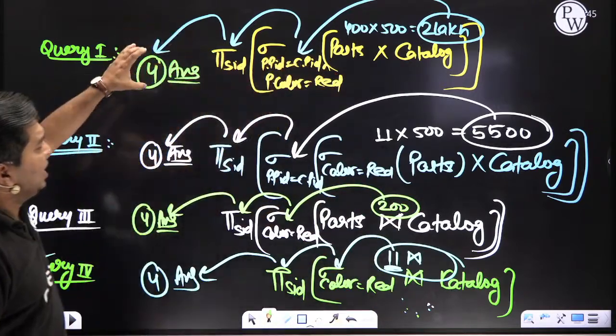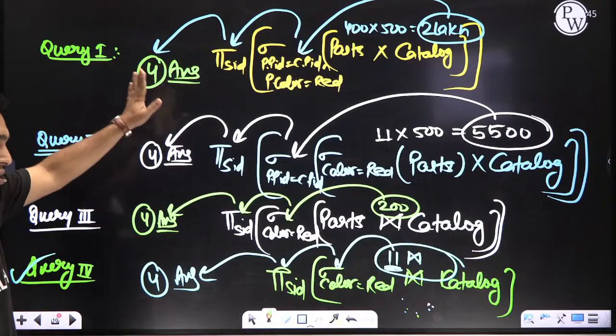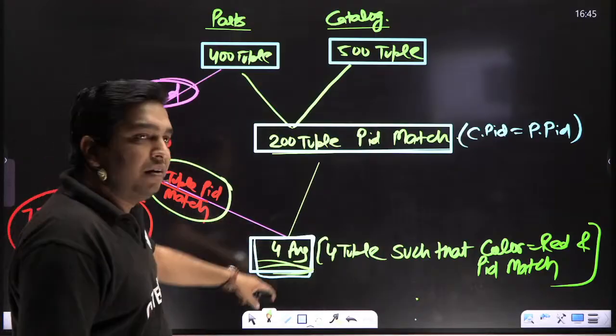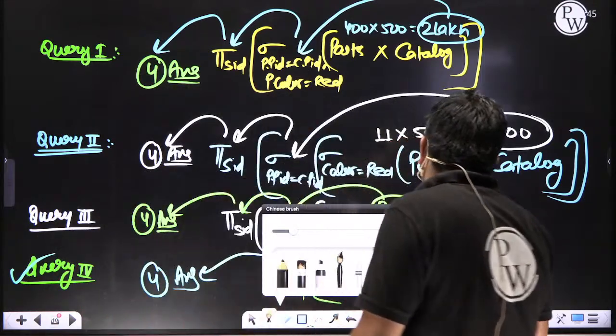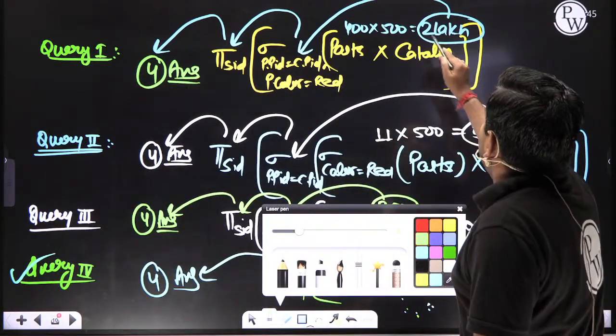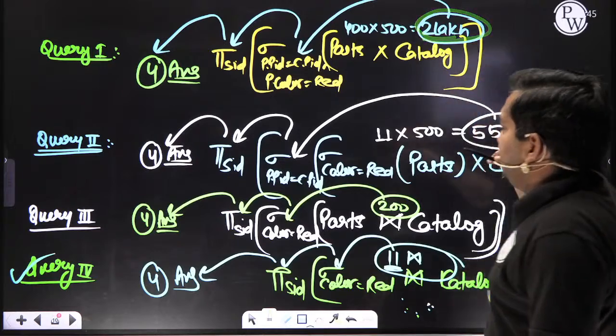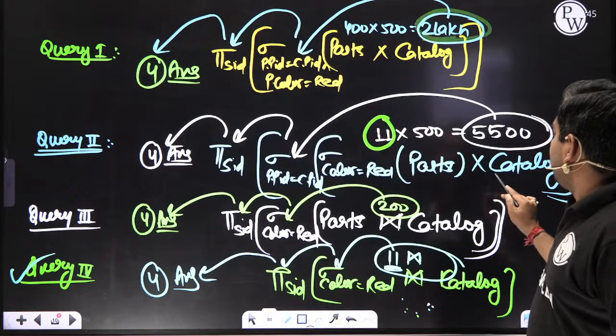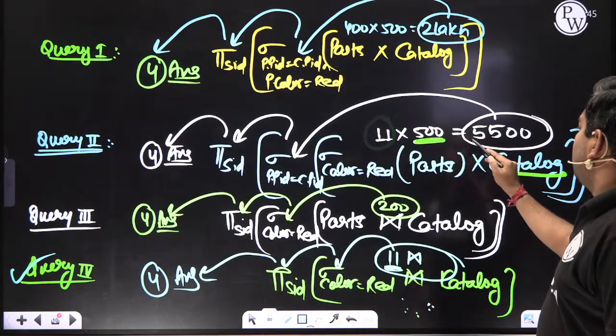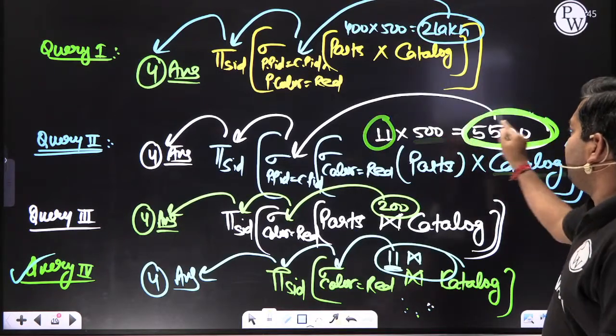I am not denying that the final answer is 4. That is fixed because you know the details. But here the calculation applies between 2 lakh tuples, my dear. In the other query, color red gives 11 tuples and the catalog table has 500, so the calculation applies on 5500 tuples.